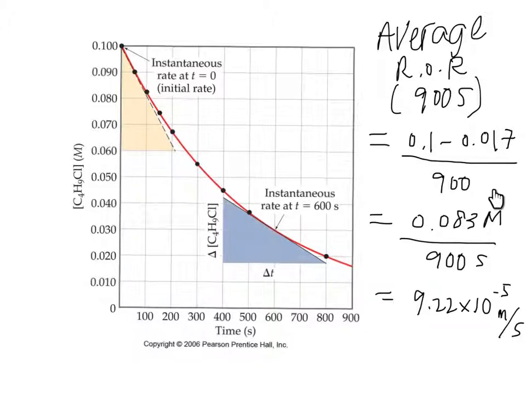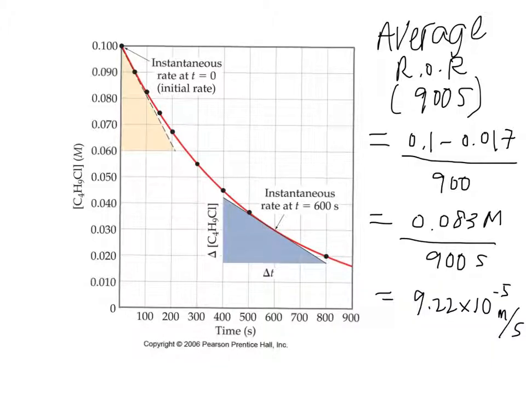If I work it out, I get 9.22 times 10 to the power of minus 5 molar per second as my average rate of reaction. Remember, the average rate of reaction over 900 seconds includes the changes of concentration throughout the 900 seconds.